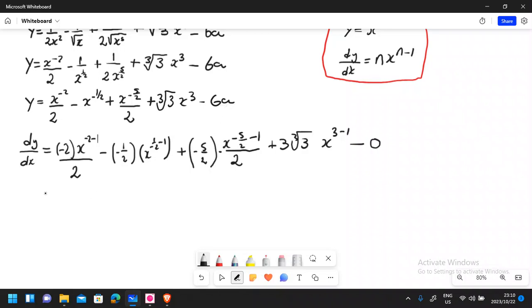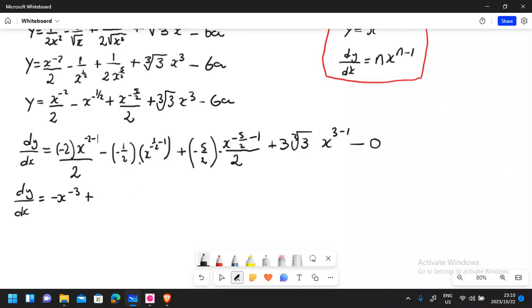All right, so let's continue, dy over dx. So now look, this is -2 divided by 2. This is going to give us -1 multiplied by x. Now -2 minus 1, this is going to give us x to the power of -3. Now if you multiply negative with -half, this is going to give us +half.